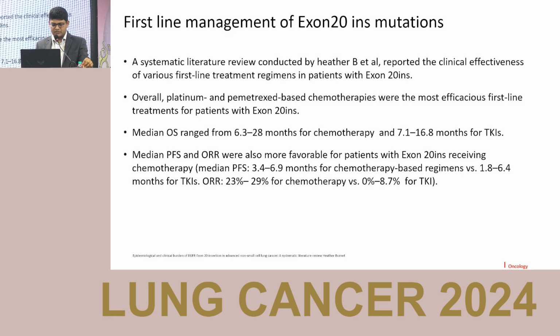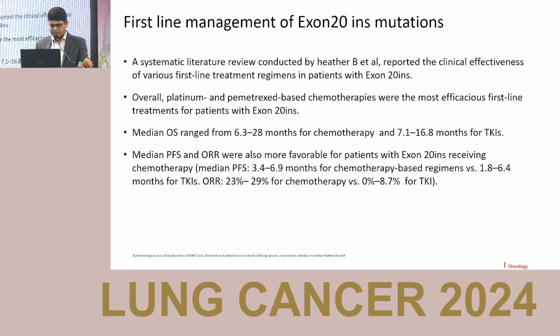The median overall survival which we expect with platinum doublet and immunotherapy is somewhere between 6 to 28 months. Because this is retrospective data, you have a huge range. But in real world practice, we know that generally these patients don't do well, even compared to non-driver mutation positive patients, because even immunotherapy is not working very well in this subset of patients.